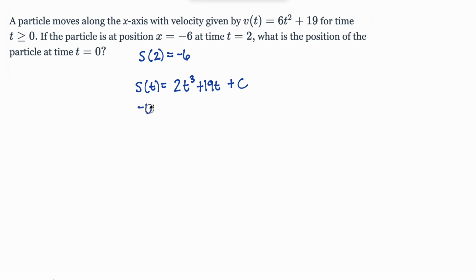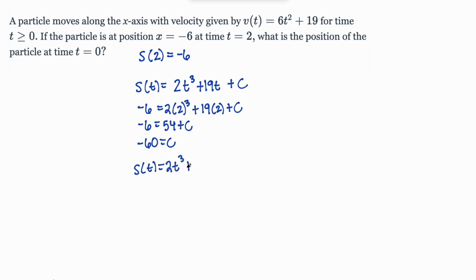So I'm going to set this equal to -6 everywhere t is equal to 2. 54 plus c. So I'm going to subtract 54 and I get -60. So therefore I know that my position is 2t cubed plus 19t minus 60.